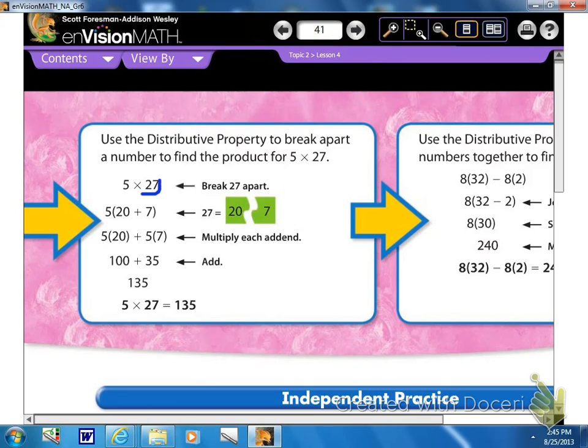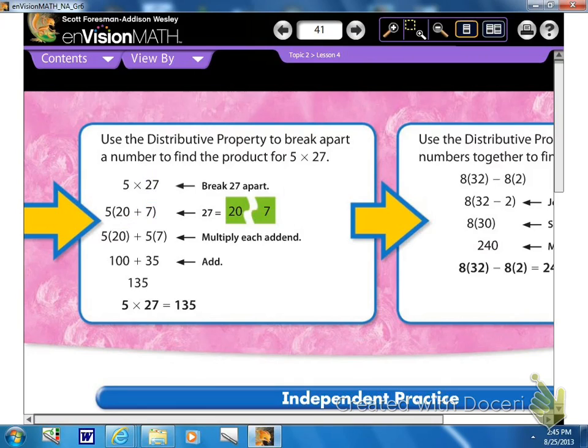So instead of multiplying 27 by 5, break 27 apart into two easier numbers. A number that has a 0 on the end, like 20, plus 7, they do here, because 20 plus 7 is obviously 27. So we take the ones place and separate it from the 20.